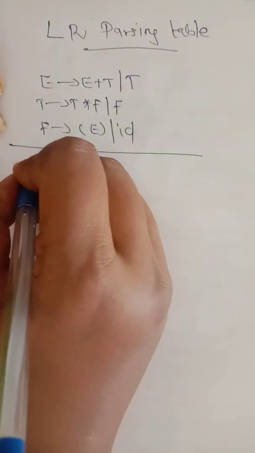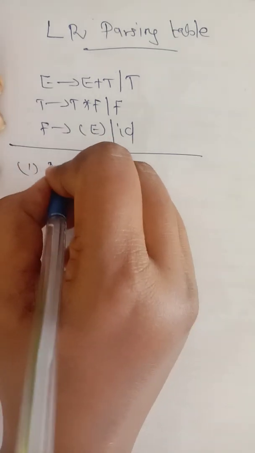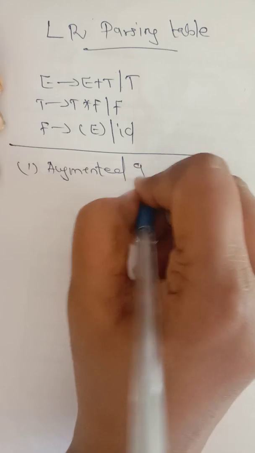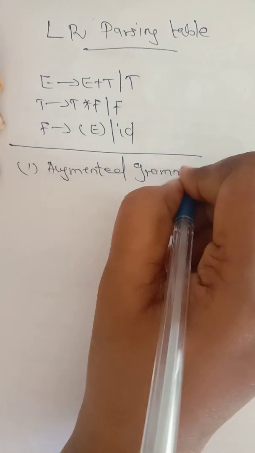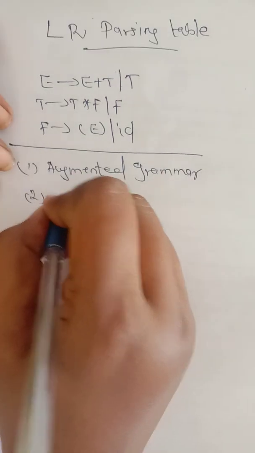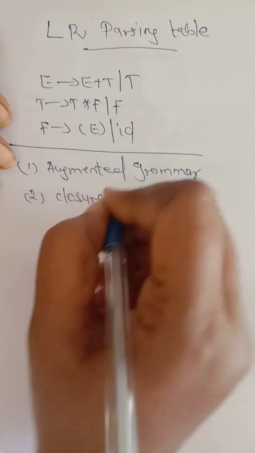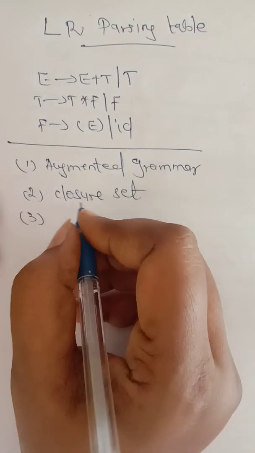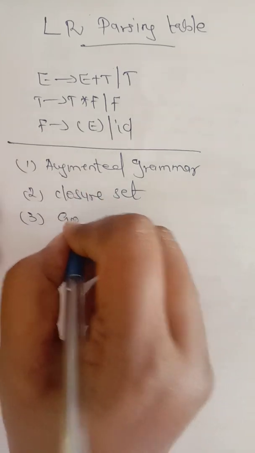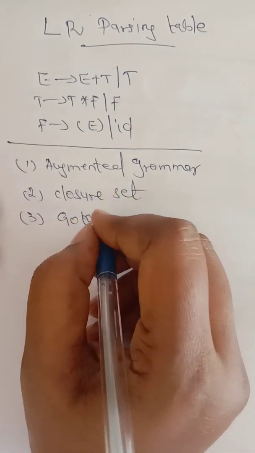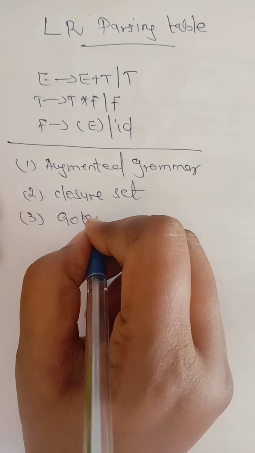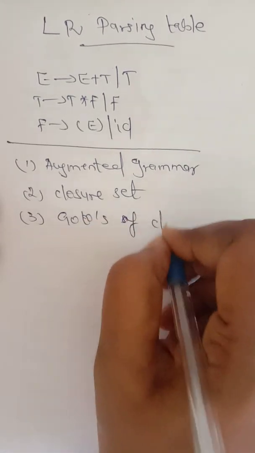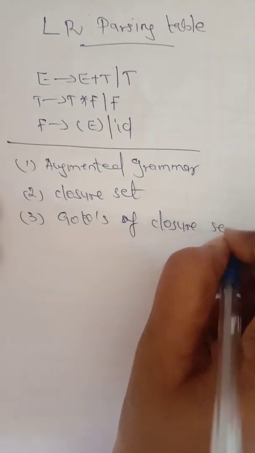First, we have to find the augmented grammar. In the second step, we have to find the closure set. Then, in the third step, we have to find the go-tos of the closure set.